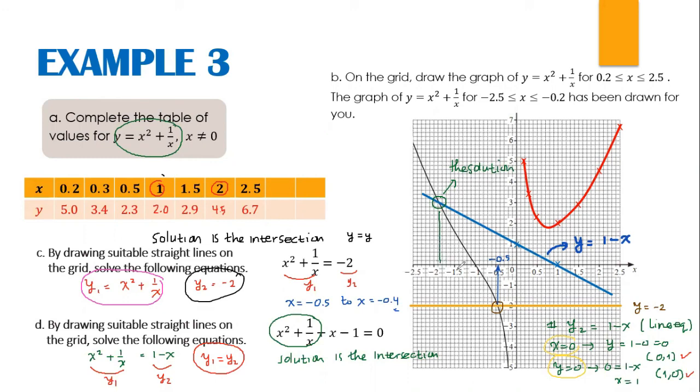Right? So what about the solution? That's very easy, right? You just find the intersection to the x-axis. Just put the straight line down here.